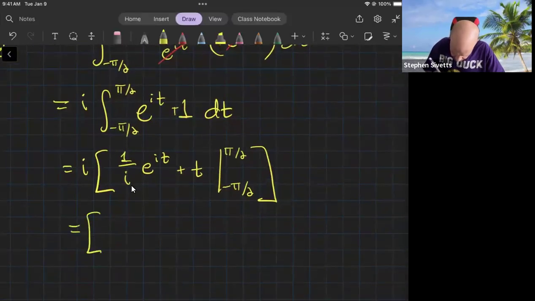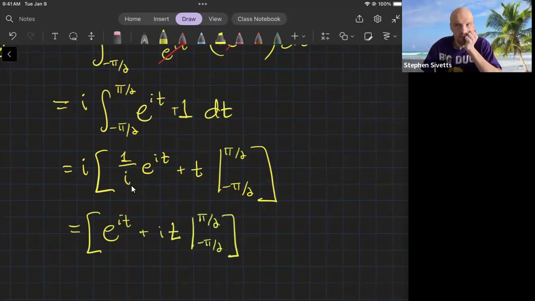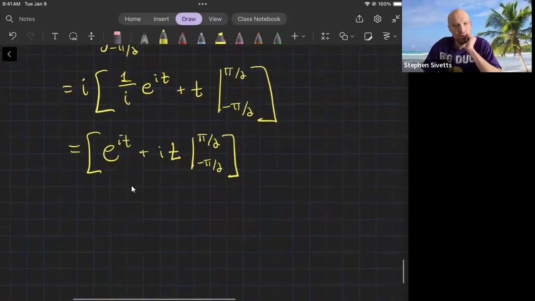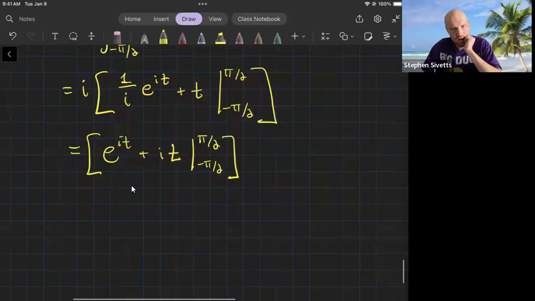And so this equals e to the it plus it. So cosine of π/2 is 0 and sine of π/2 is 1.